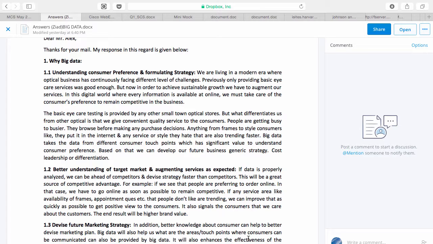Right. So the focus here is I want to look at the first question. We say why big data? Why do we need it? I would have liked if you had just described in a couple of sentences, your answer is really good, what is big data? Not a lot. If you ask the question what is big data and you write 500 words, that's not going to earn you much points.